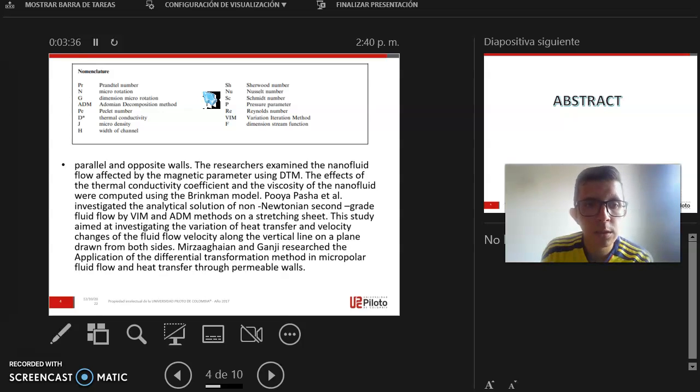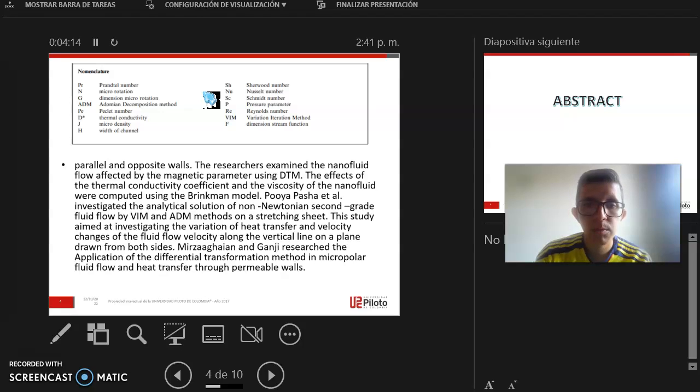Parallel and opposite flow was the research examined. The nanofluid flow affected by the magnetic parameter. Using the TM, the effects of the thermal conductivity coefficient and the viscosity of the nanofluid were computed using the main model.